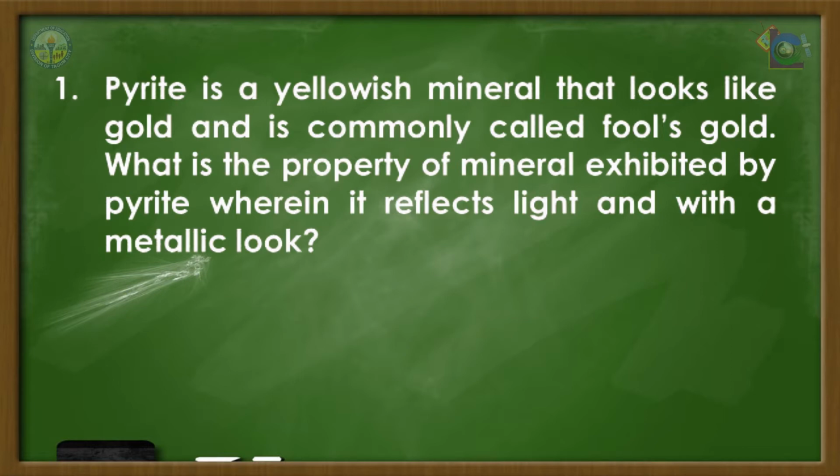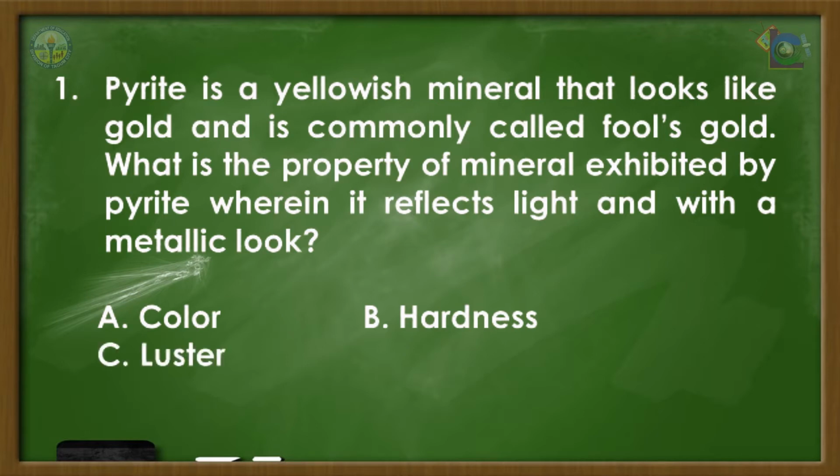What is the property of mineral exhibited by pyrite, wherein it reflects light and has a metallic look? A. Color. B. Hardness. C. Luster. Or D. Streak. The correct answer is letter C.